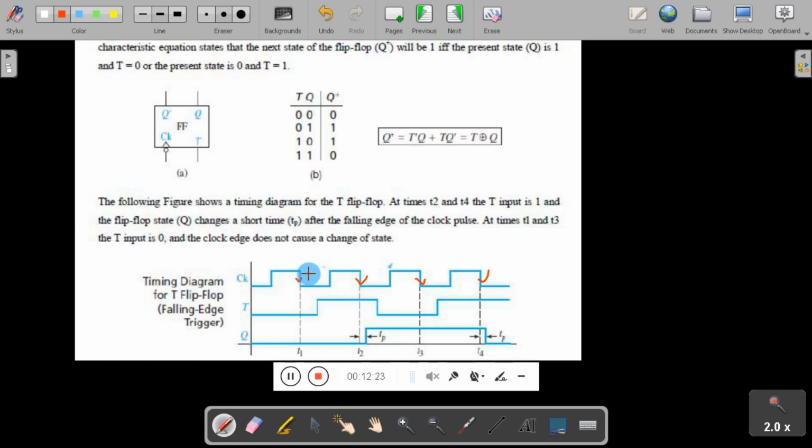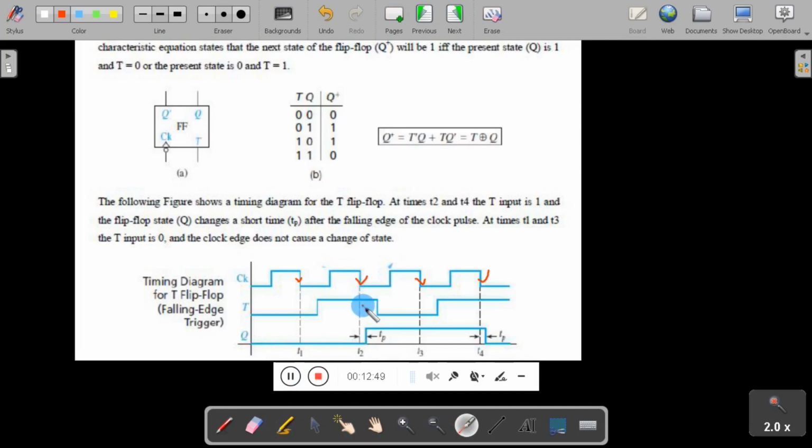Now you see here, during the first negative edge, input T is equal to 0. So when T is equal to 0, the output remains in the last state only. It will remain in the last state, like state 0, till it encounters the next negative edge trigger.